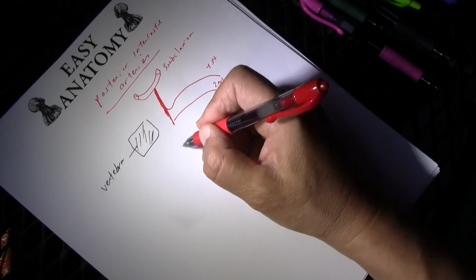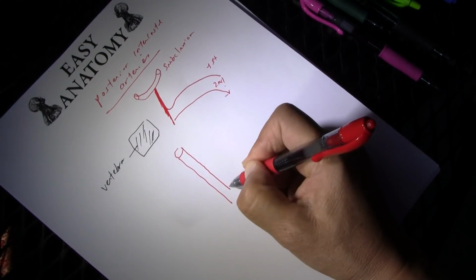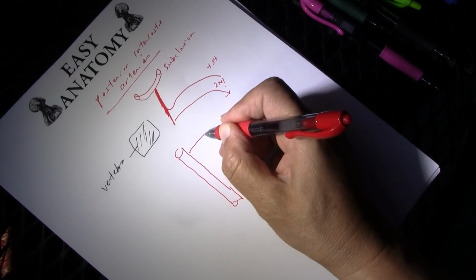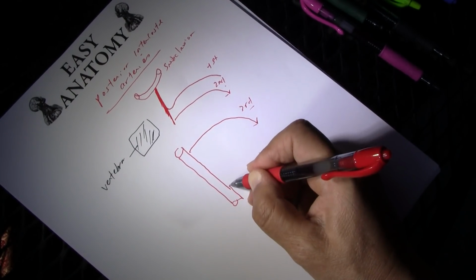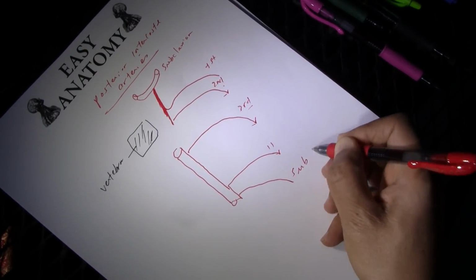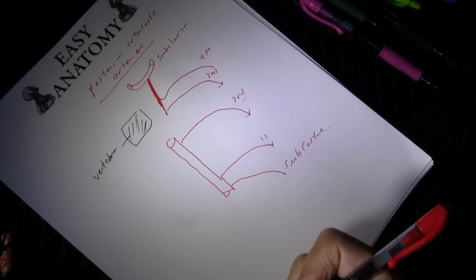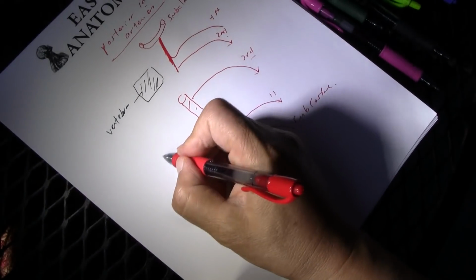Then you have the descending aorta, which descends next to the vertebral column and starts to send posterior intercostal arteries from number 3 down to number 11 plus subcostal. So this is the source of the posterior intercostal arteries. This is the descending aorta.